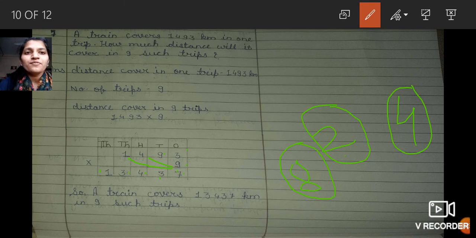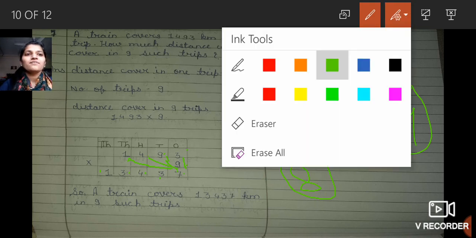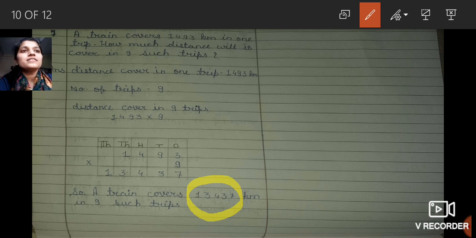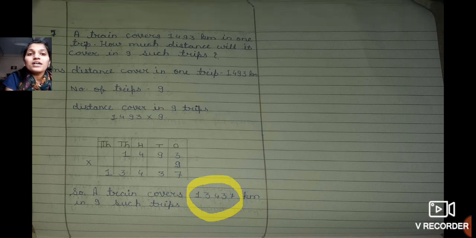So students, what we have done, first of all we have multiplied 9 by 3, we have multiplied 9 by 9, then 9 by 4 and 9 by 1, and then we have got the final answer 13,437. So our final answer is 13,437 kilometer. That means that particular train will cover 13,437 kilometer distance in 9 such trips.